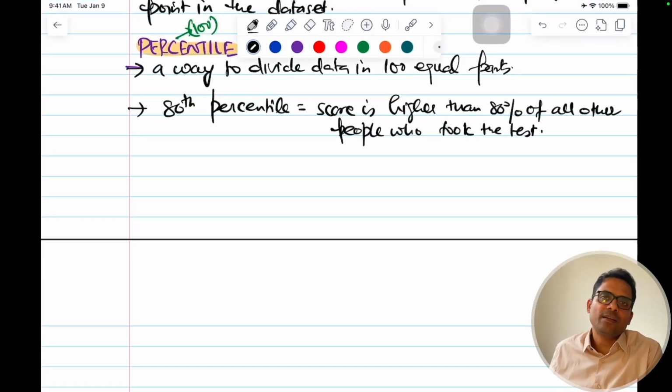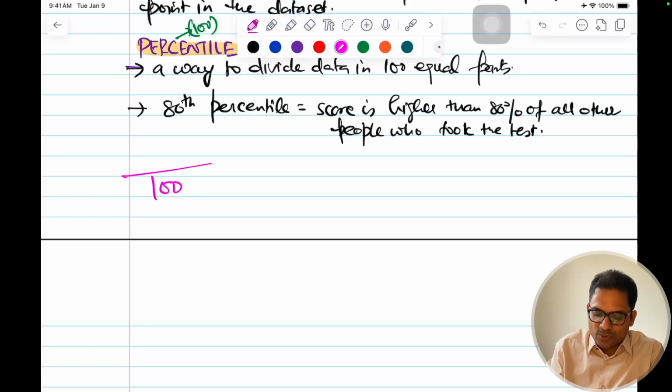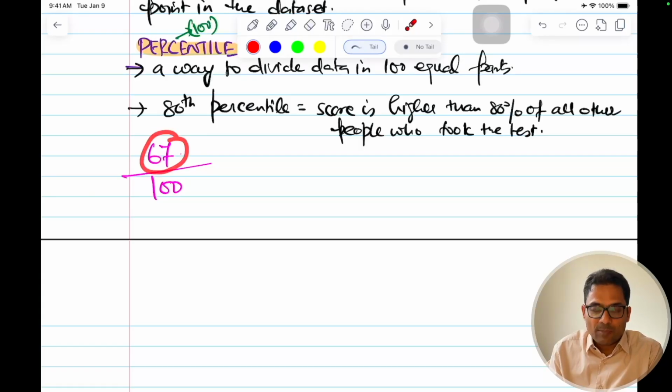If there are 1000 people, we divide them into 100 parts. Say your score out of 100 is 67, and still your percentile can be 80th, because the number of people who scored 67 or more is only 20%, and 67 or less is 80%.